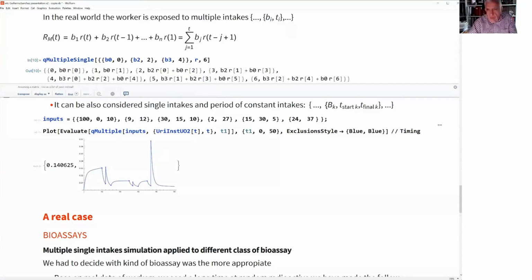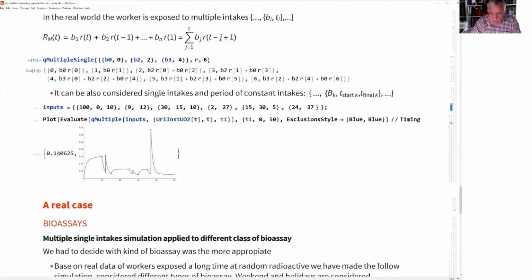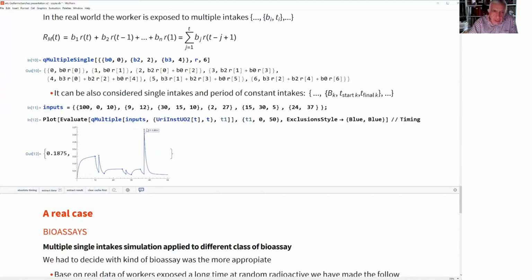And now we can represent the estimated excretion of uranium every day. For instance, on day 37, the worker eliminates by urine excretion 0.0678 becquerel.